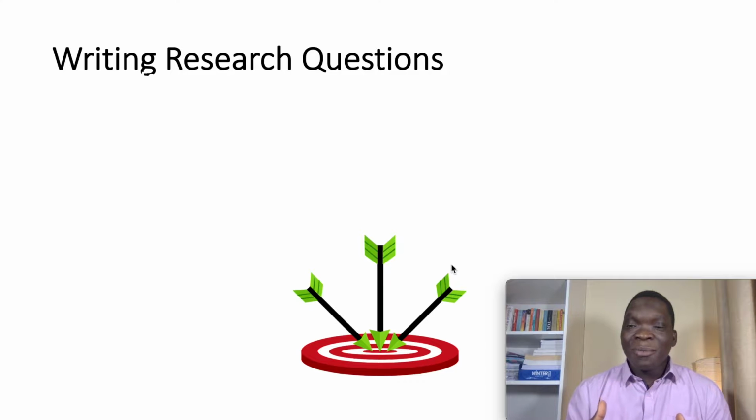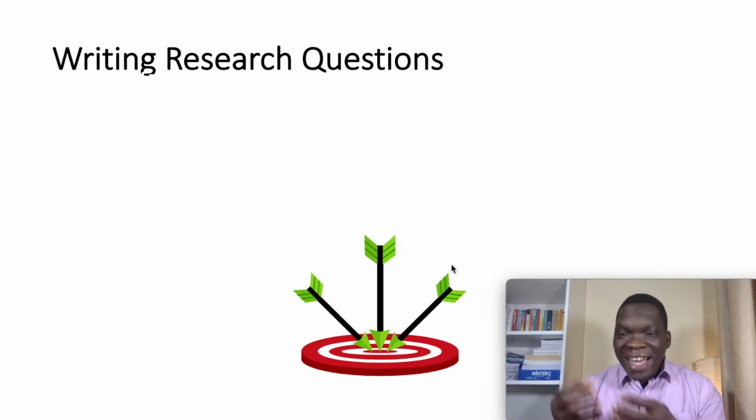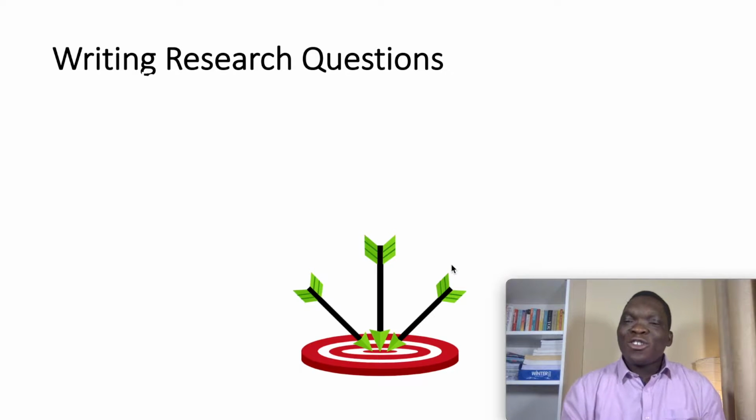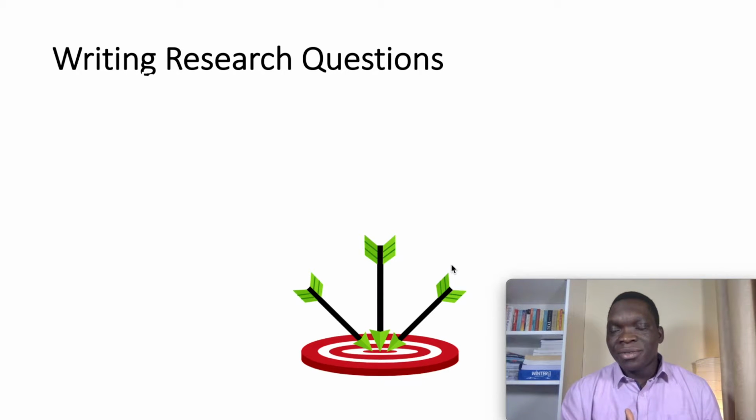So for example, the type of data you are going to be collecting will be reflected by the type of question you raise, or the method you are going to use, the approach you are going to apply in collecting that data would also be guided by the question.